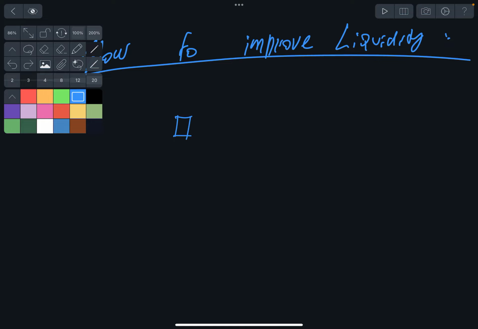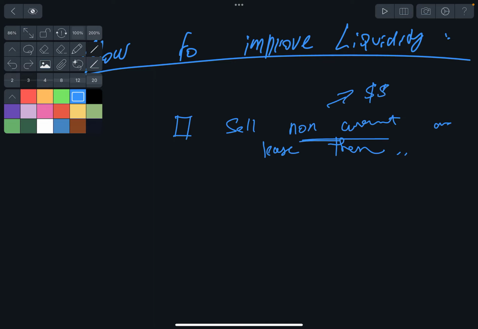One, they can sell their non current assets and lease them back. Why would they want to do this? Think about it. When you sell your non current assets, the business gets cash.